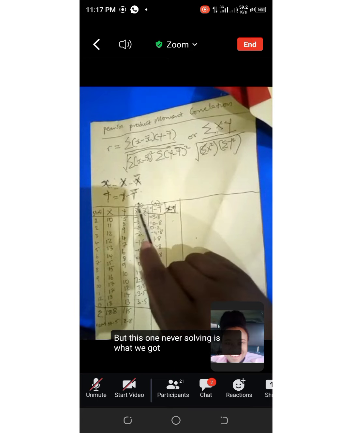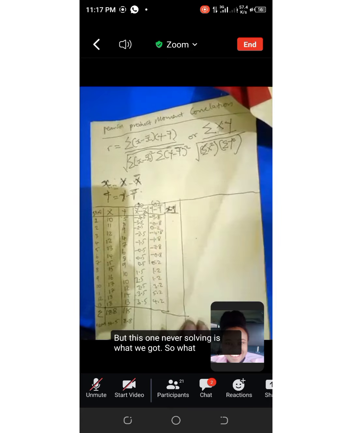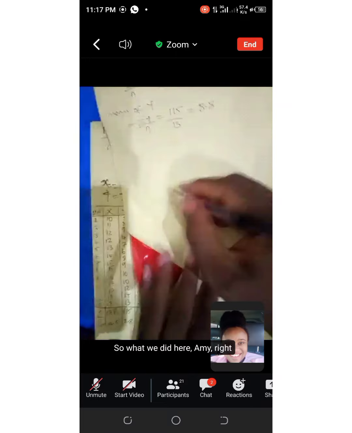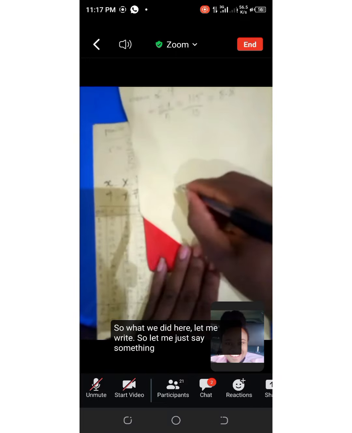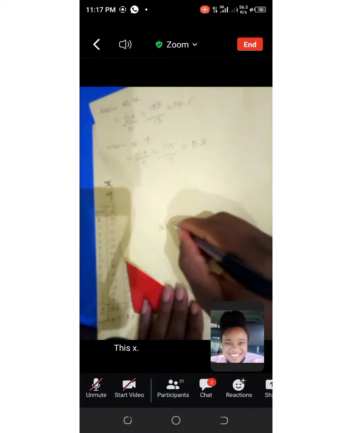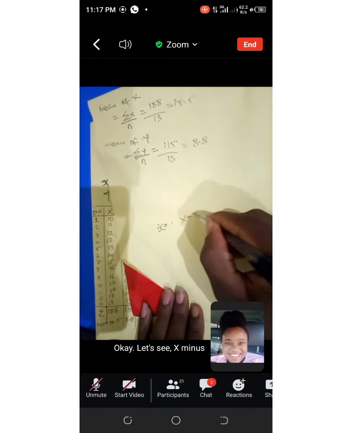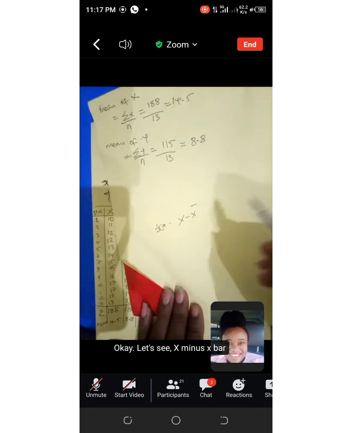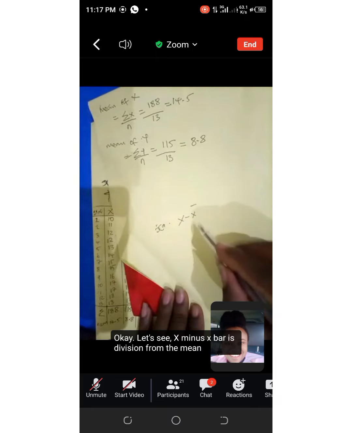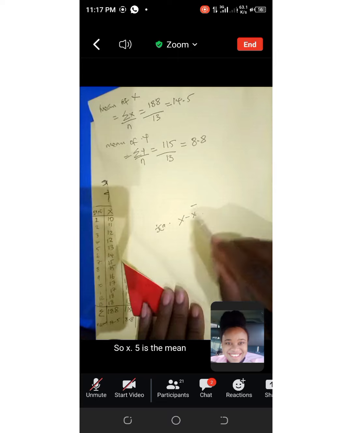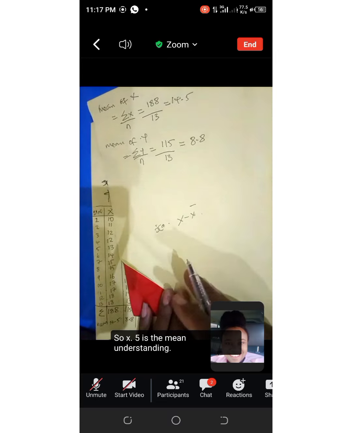So what we did here, let me explain something. Let's say x minus x bar is the deviation from the mean. So x bar is the mean, and it's telling us, for each of the variables, how far away they are from the mean.